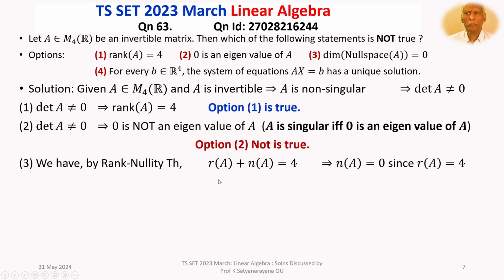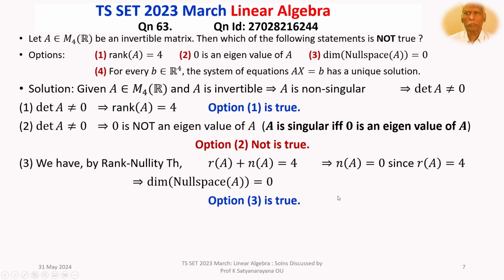By the rank nullity theorem, the rank of the matrix A plus the nullity of the matrix A is equal to 4. We know the rank of A is 4, therefore the nullity of A is 0. What do you mean by nullity of A? It is the dimension of the null space of A, which is equal to 0. And hence option 3 is true.